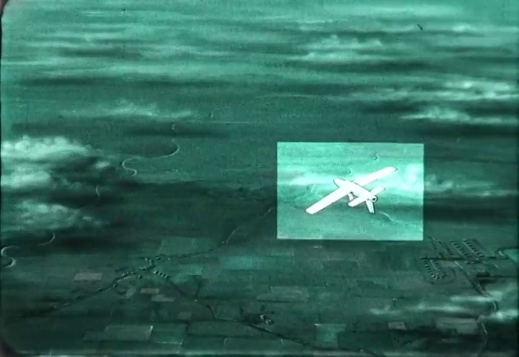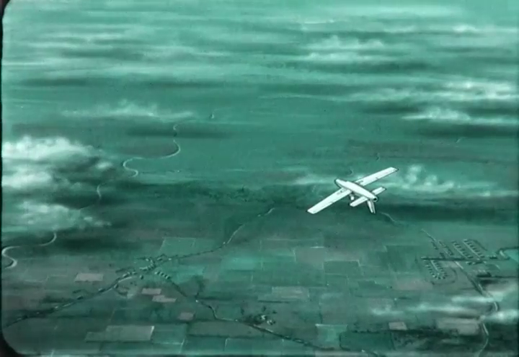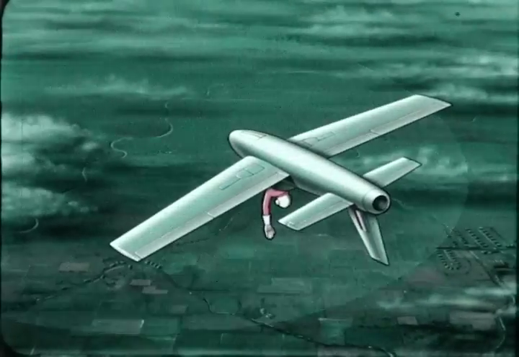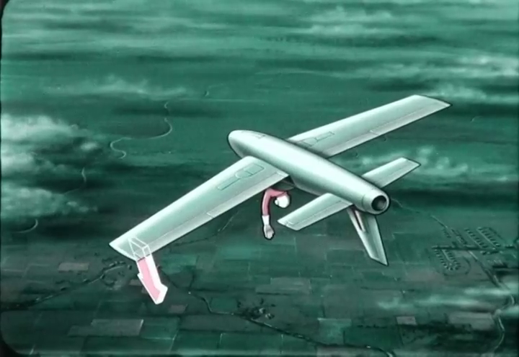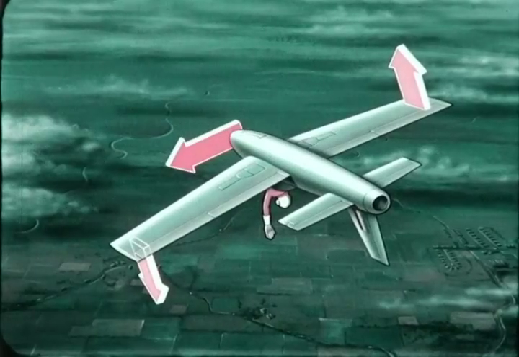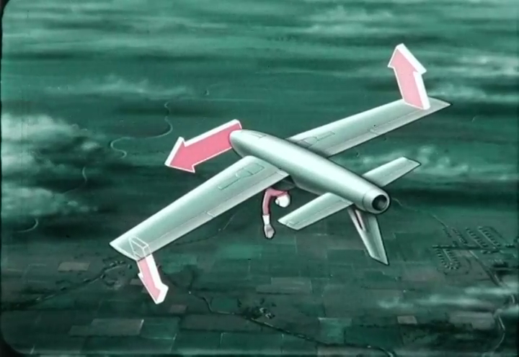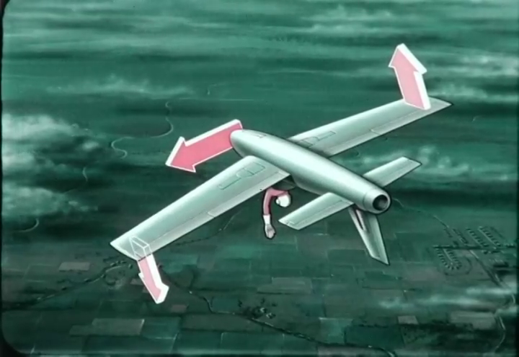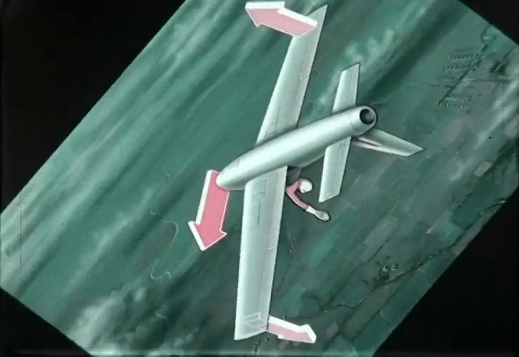Now suppose instead that the spin is inverted, but still following the same path. As before, the inner wing is falling and the outer wing is rising, with the nose yawing this way. It's not easy mentally to stand on one's head to appreciate this, so let's turn the picture over.